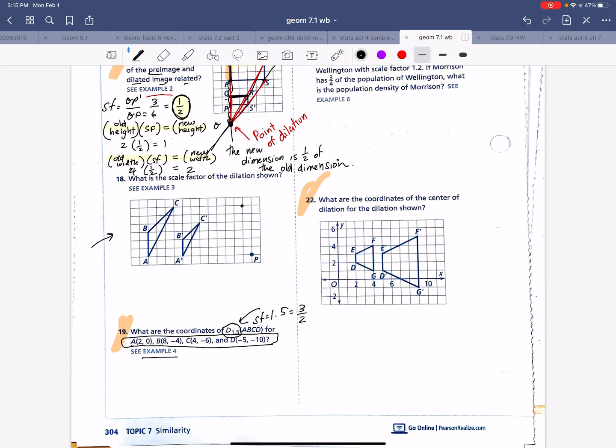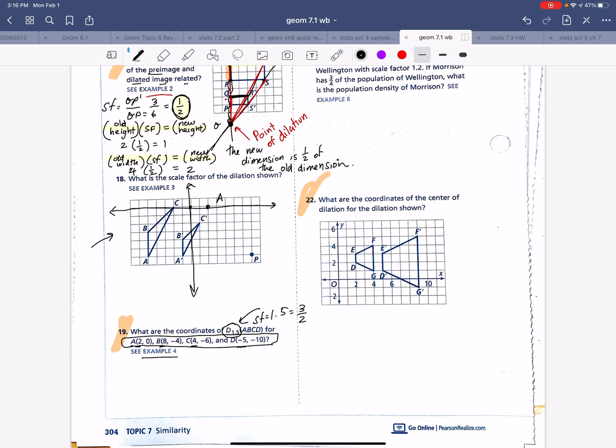So I'm going to make this my origin. The coordinates are 2, 0, 8, -4, 4, -6, and -5, -10. Okay, so the first coordinate A is at 2, 0.